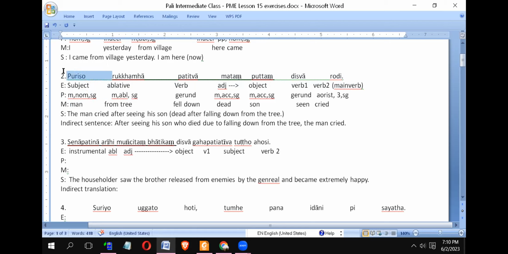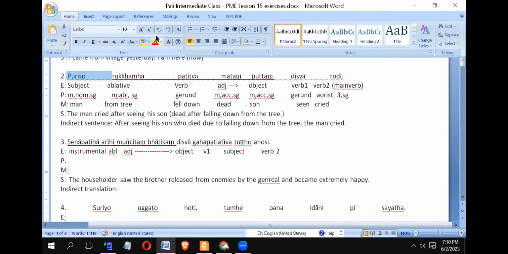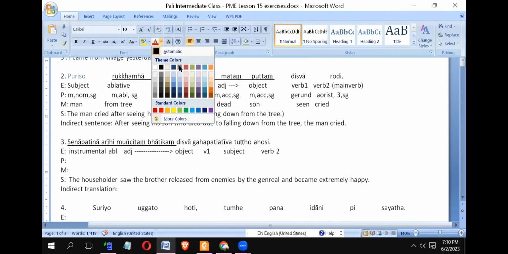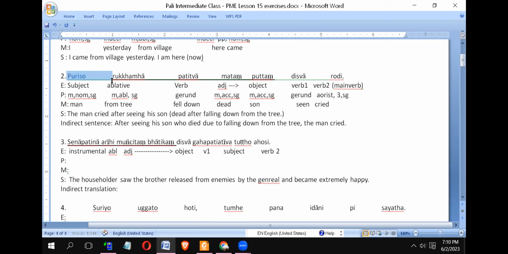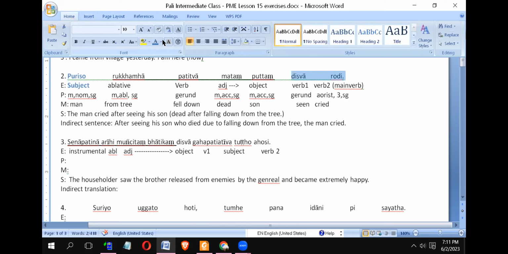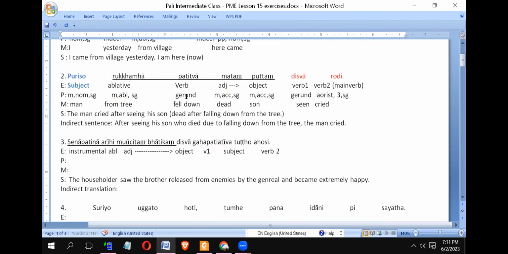And then if you know the subject here, the second thing that you need to find out is the verb. So there will be 2. Diswa, Rodi. So Diswa is seen, and Rodi is cried. I think this one you all know the meaning.